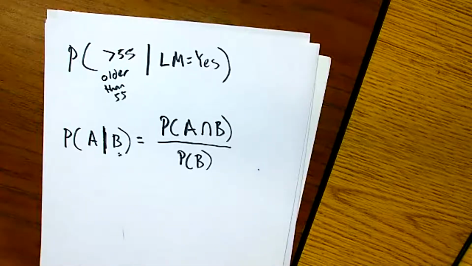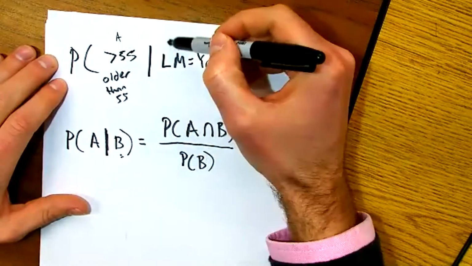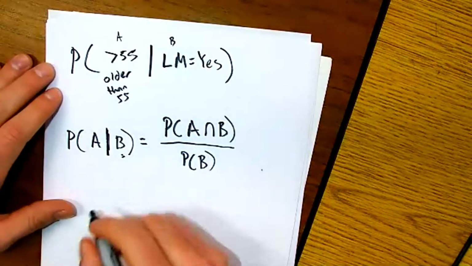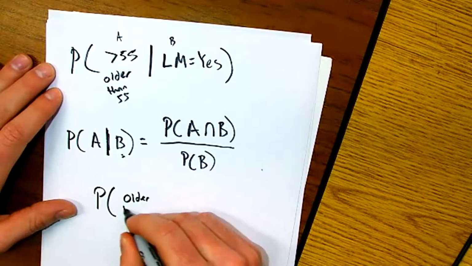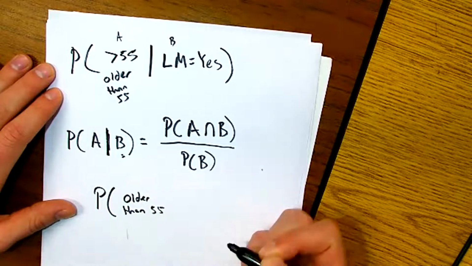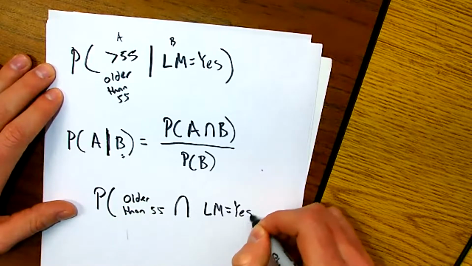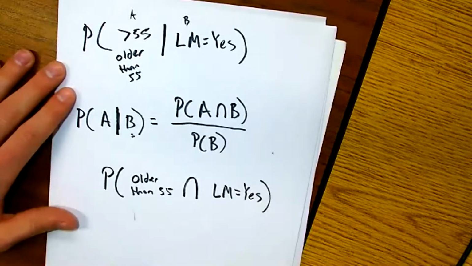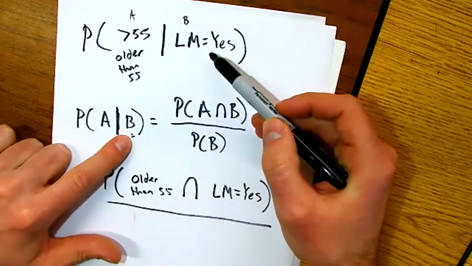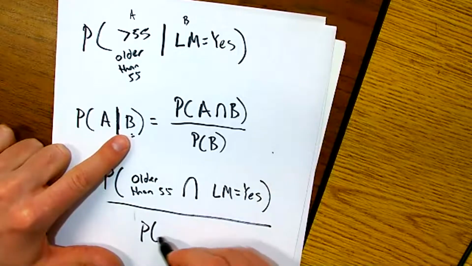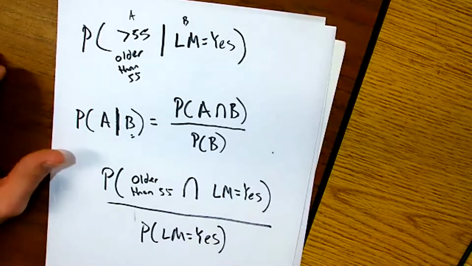So in the context of my example, this is my A, this is my B: I'll find the probability that someone is older than 55 and wants marijuana legalized, divided by the probability that they wanted it legalized.